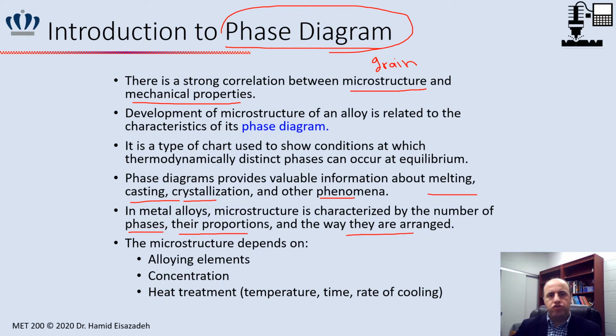And the microstructure depends on the alloying element, concentration, and heat treatment, and heat treatment means temperature and the rate of cooling.